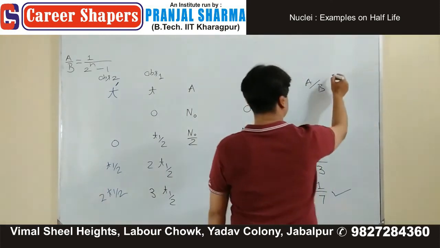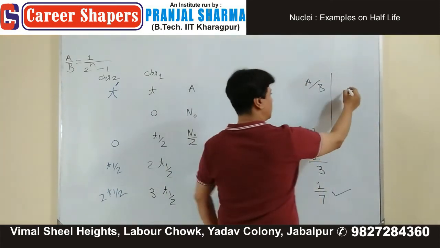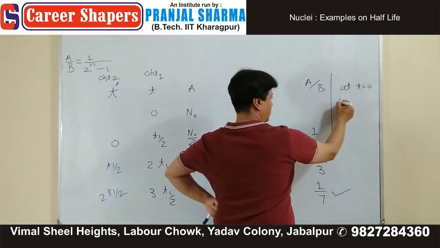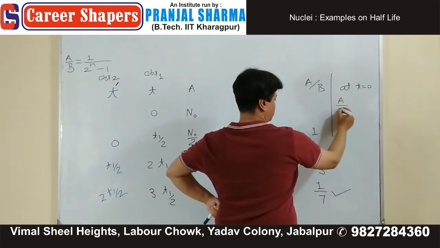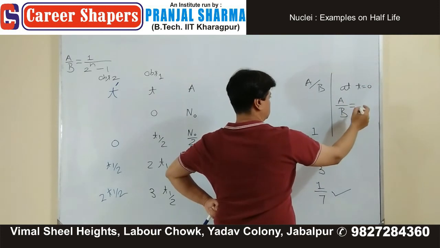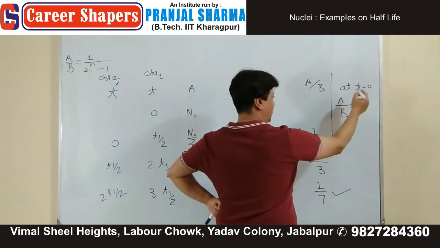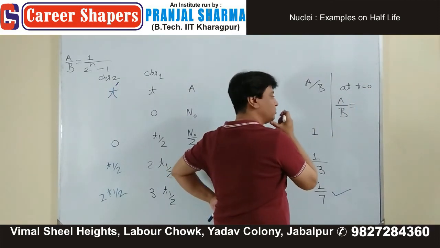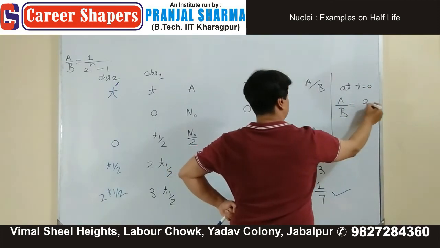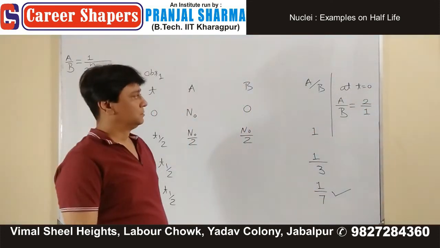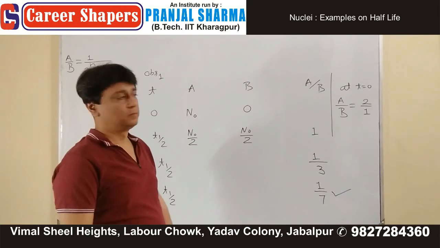Now answer this. At T equals 0, A is to B is 2:1 initially.